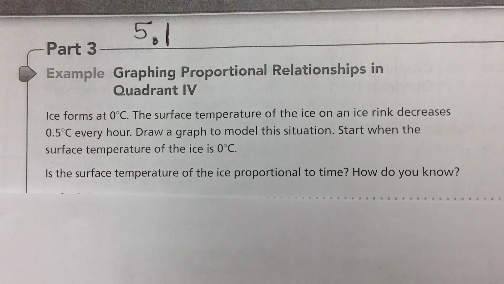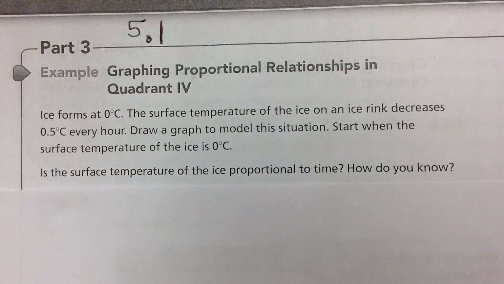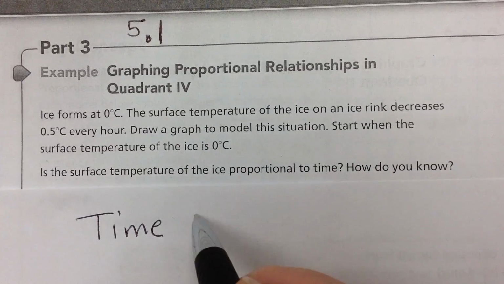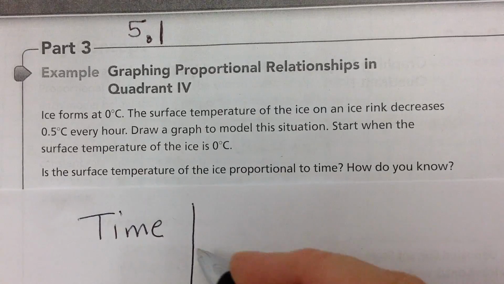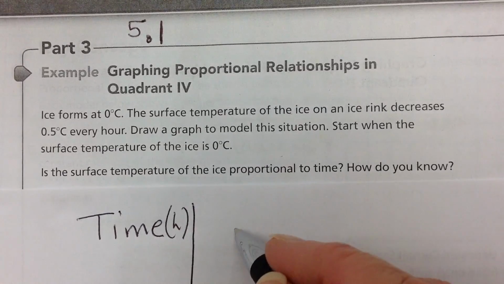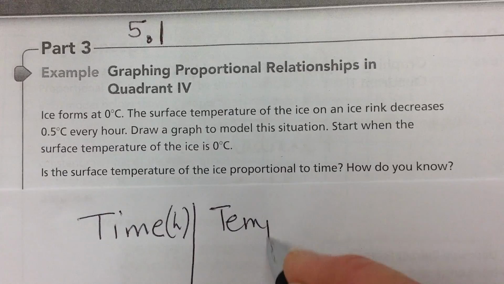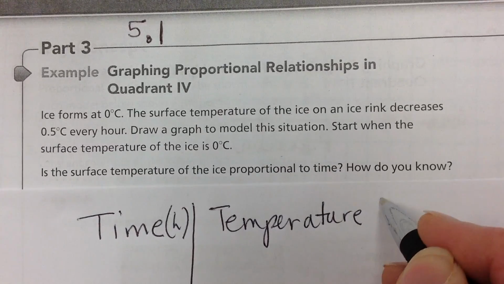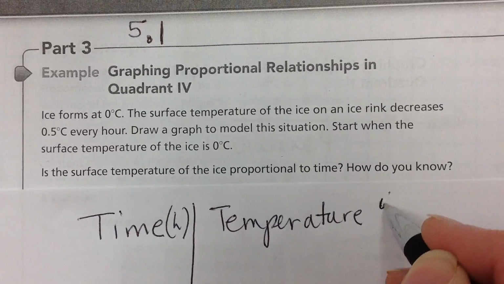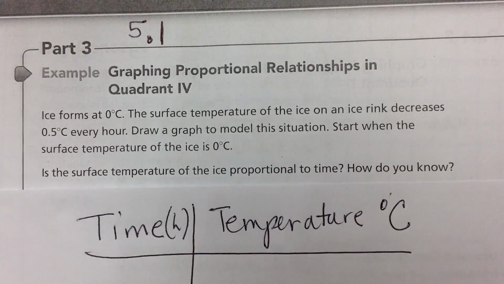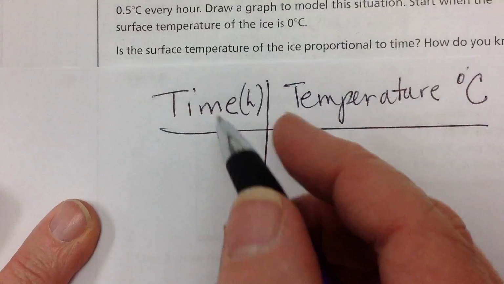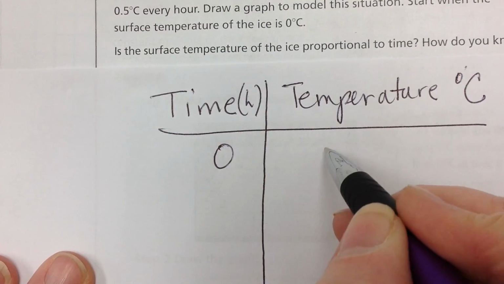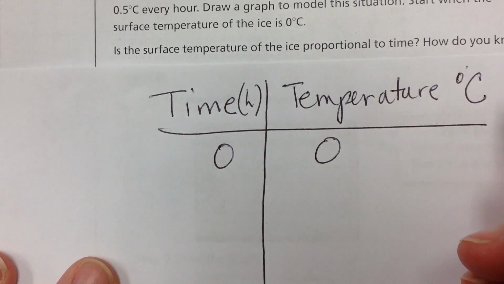How do you know? Well, the first thing we would want to do is create a table of time in hours compared to temperature in degrees Celsius. So, of course, at 0 time, we have 0 degrees.